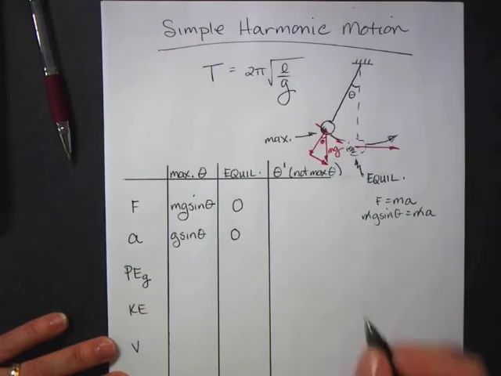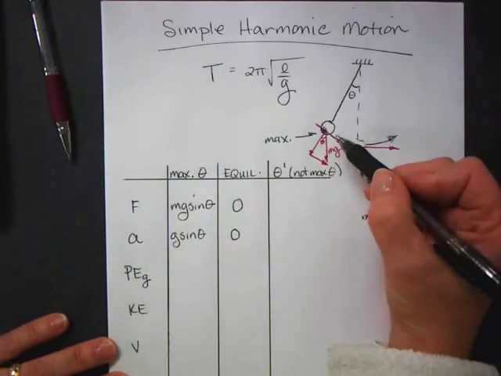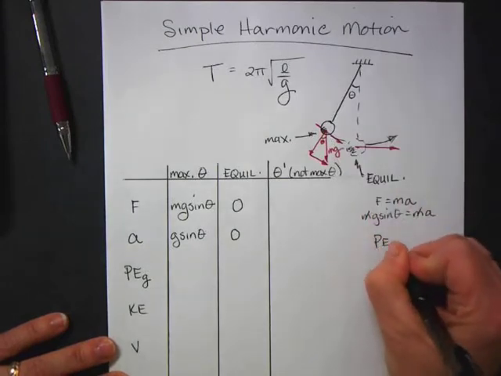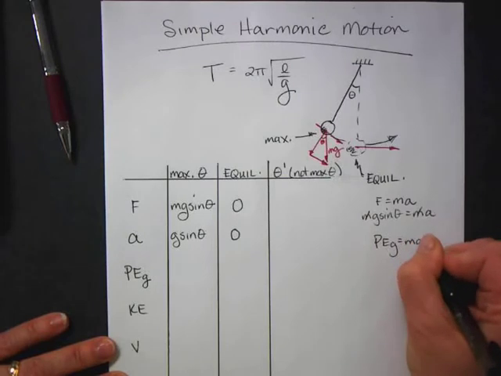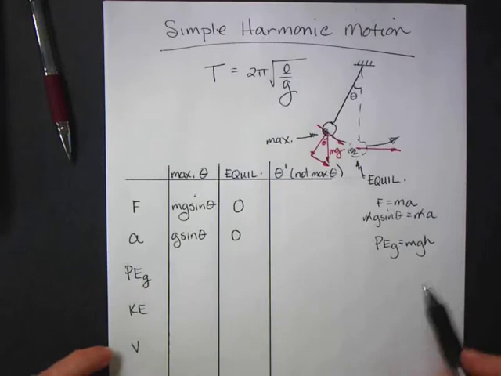The potential energy due to gravity, that's a little bit trickier. It's maximum here, it's going to be at its highest, but how do you actually calculate that? If we go back in our memory banks from our earlier problems, you'll remember that potential energy due to gravity is equal to mass times gravity times height.